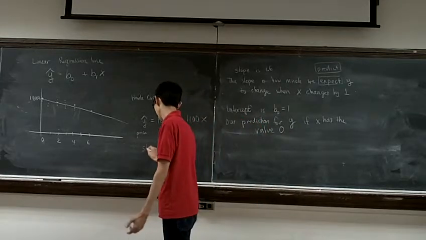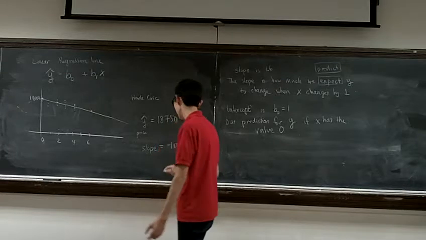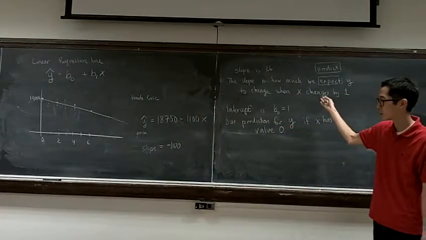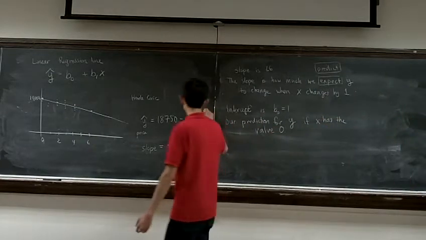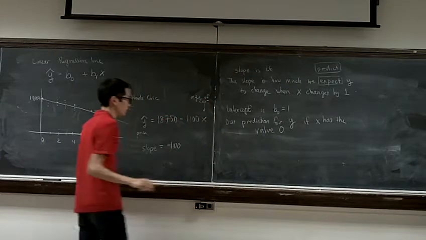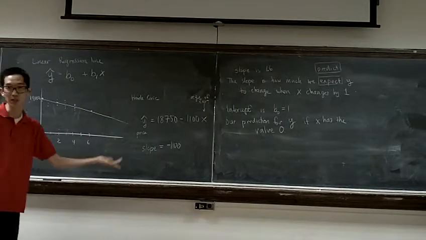That's saying when x changes by 1, x being the age of the car, so if the age of the car goes up by 1 year, we predict the value of the car to drop $1,100. That may or may not be true, but that's our prediction.